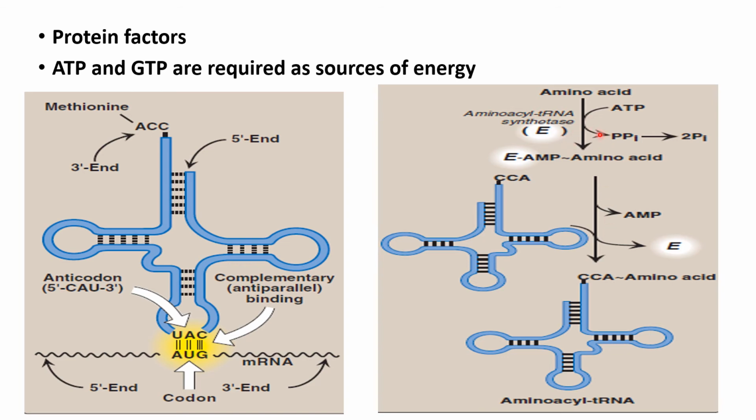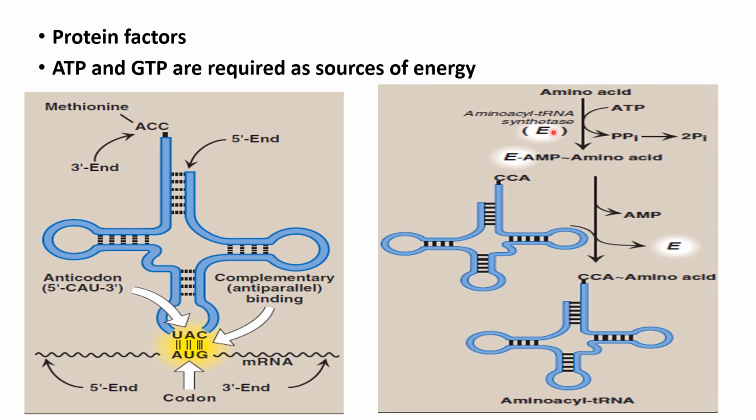In the first step, ATP is hydrolyzed to PPi, and then by the action of pyrophosphatase, this PPi is converted into two inorganic phosphates. The enzyme which binds with this AMP is now activated and can bind the specific amino acids.